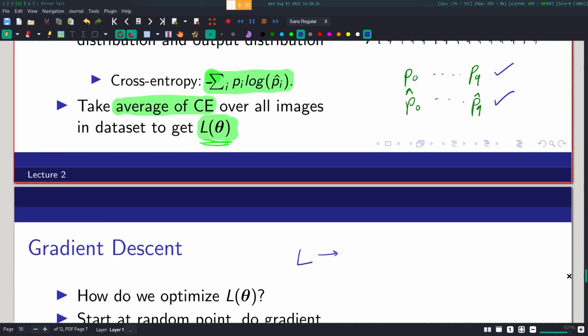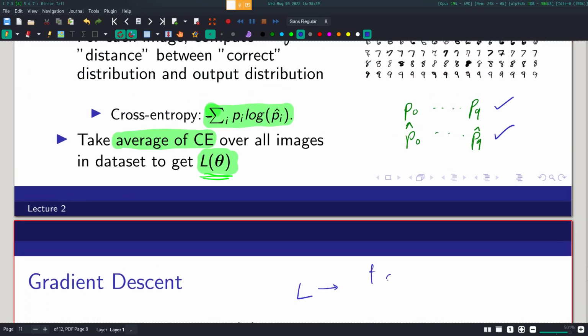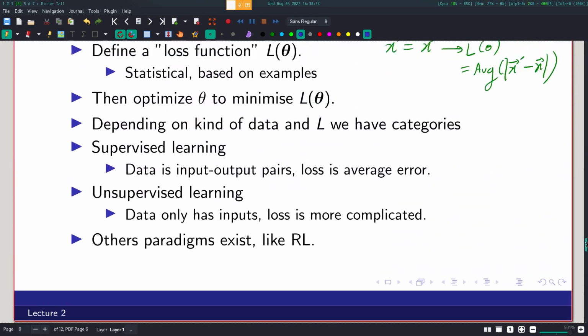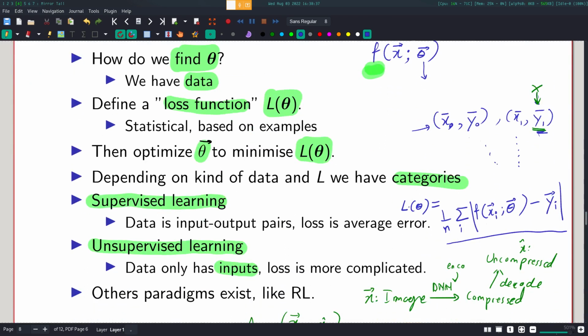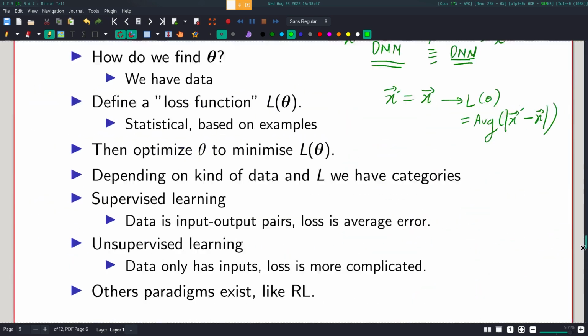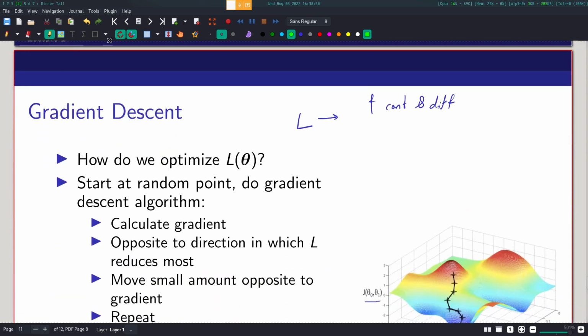Now once we package all of these things, since F was continuous and differentiable, and what we're doing when we're constructing the loss function is essentially something like this, we can expect our L to also be continuous and differentiable with respect to theta. So what we know about L is that it is continuous and differentiable with respect to theta.